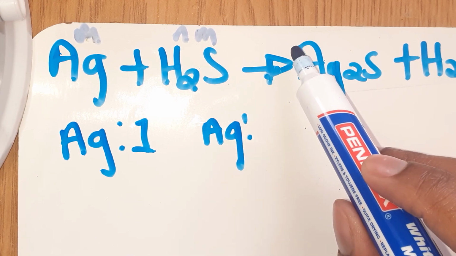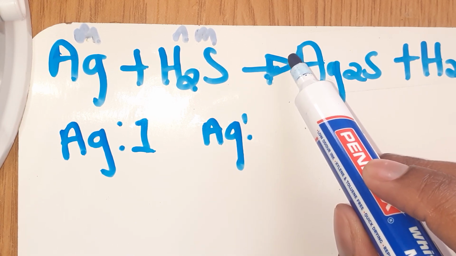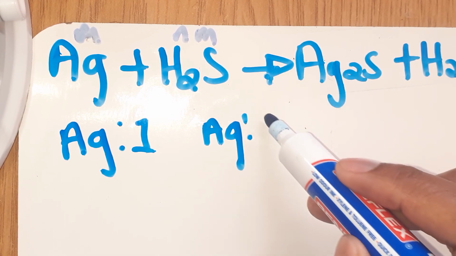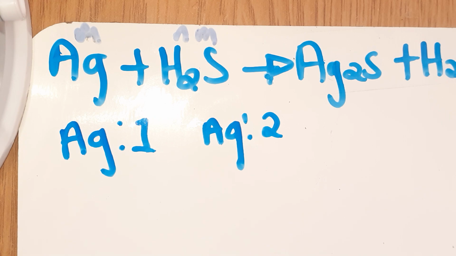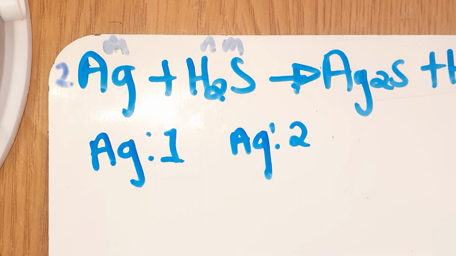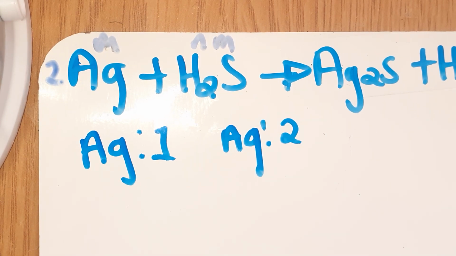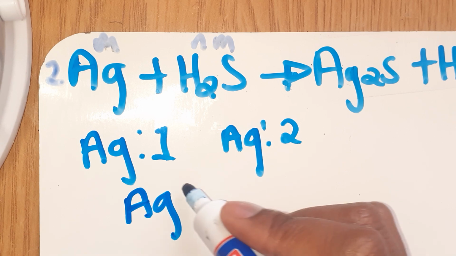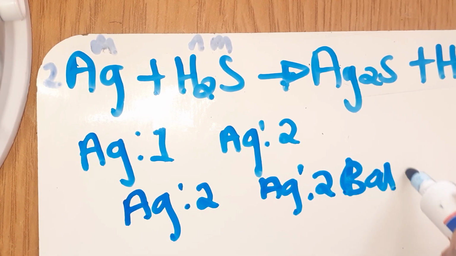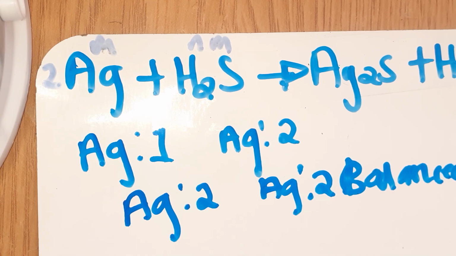And then here the coefficient is 1, but here we have 2, so that is 2, which means we have to add 2 as a coefficient this side. So I will add my 2 there to balance everything out. So Ag this side is 2 and Ag this side is 2, and they are balanced, right?